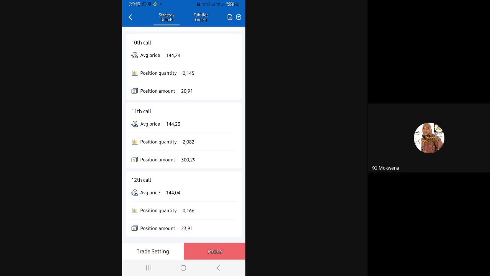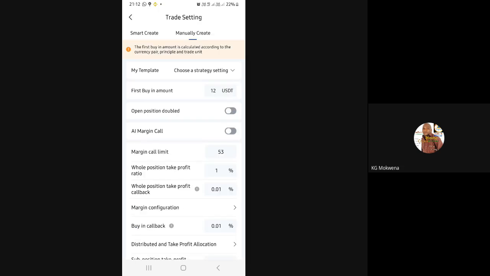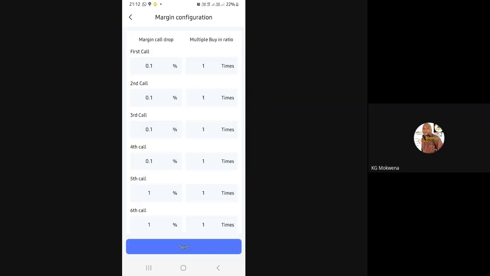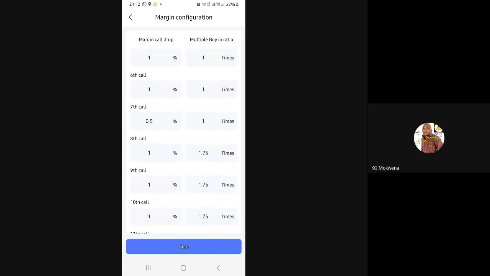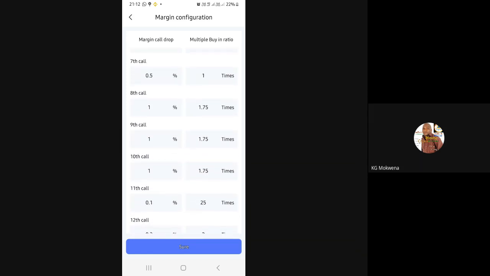Yes. So now we click on trade setting afresh, and we go to margin configuration, and then we change call number 11. We make it as call number 10. There we go.